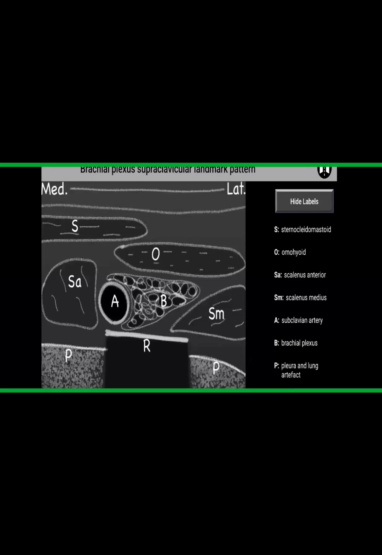Again, we can see the brachial plexus, the B, the R is the rib, the omohyoid muscle, the O. Above that is the sternocleidomastoid. On the left side of the subclavian artery is the anterior scalene, and on the right side of the brachial plexus is the middle scalene.